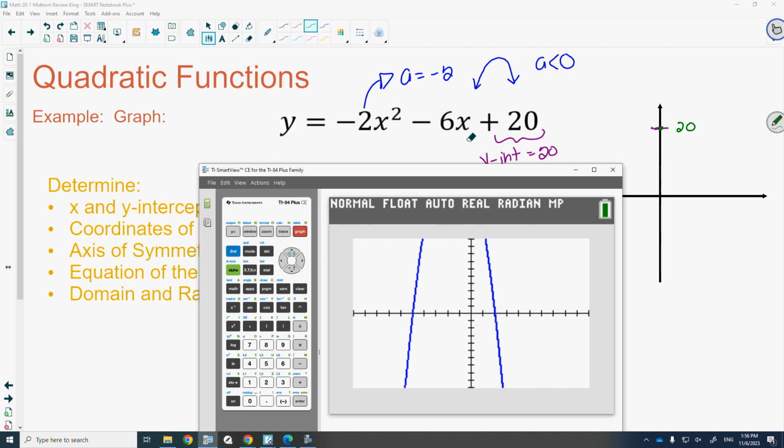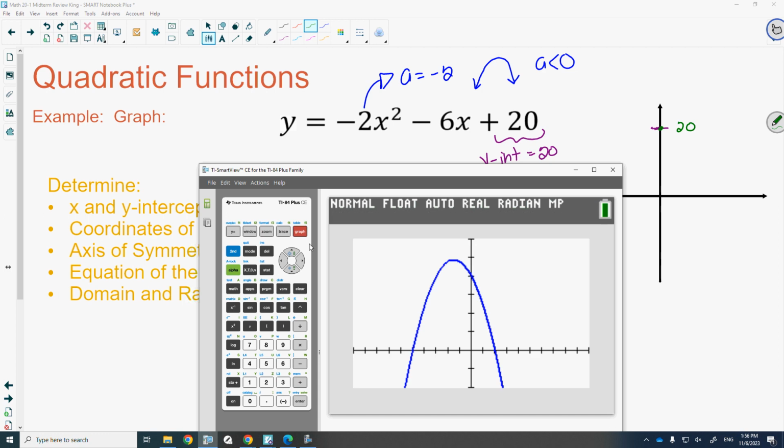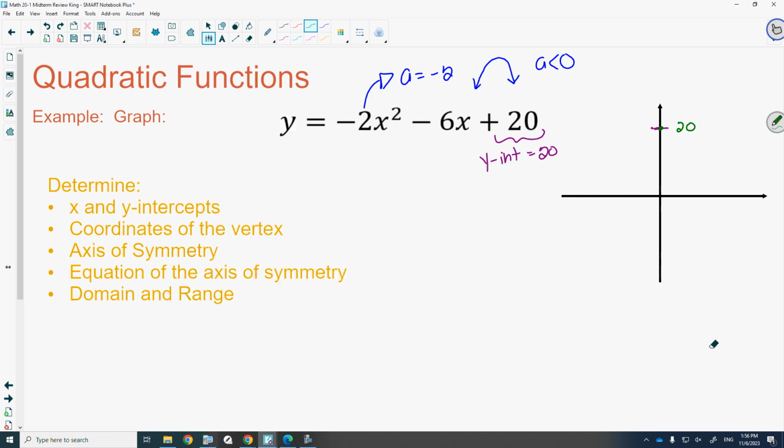But we want to change our window so that we could see the vertex. So let's change the window, and let's go to a y max of 30. I'll change the scale to 5, go up by 5s. Okay, so let's sketch this.